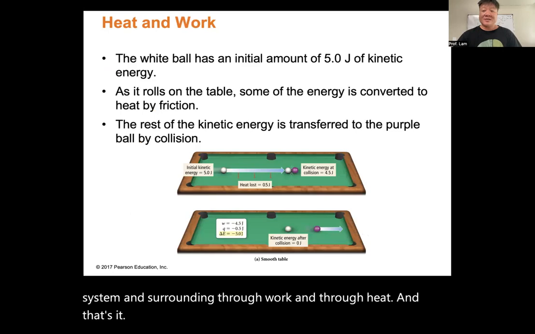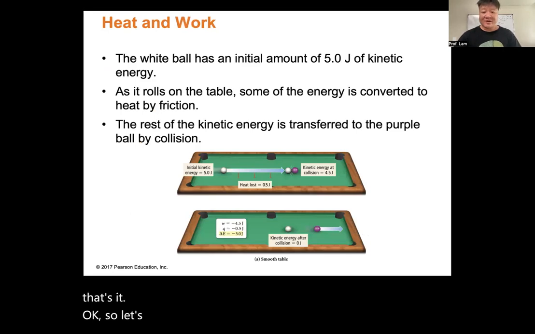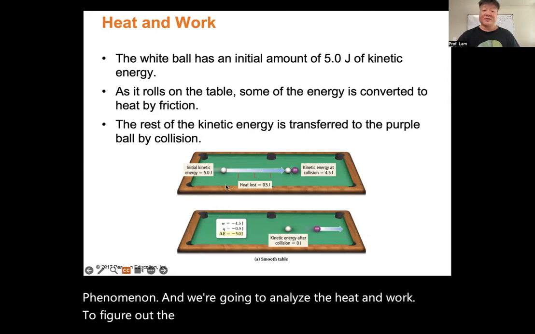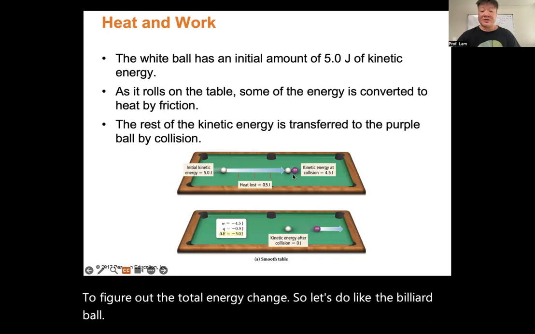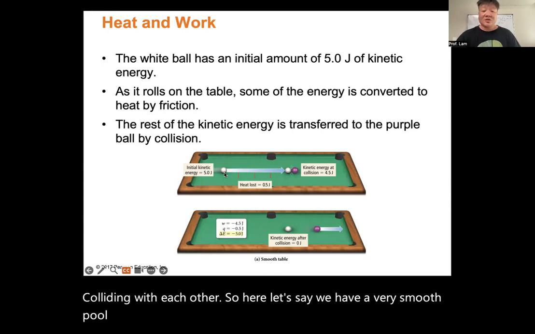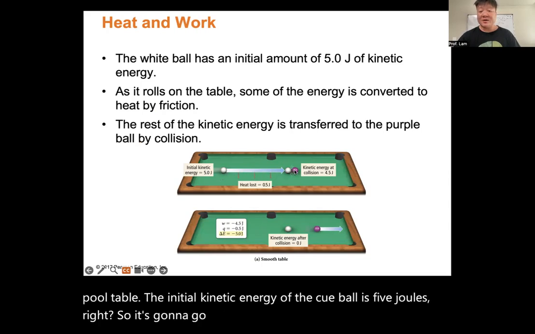Okay, so let's take a very simple phenomenon, and we're going to analyze the heat and work to figure out the total energy change. So let's do billiard balls colliding with each other. Here, let's say we have a very smooth pool table. The initial kinetic energy of the cue ball is 5 joules. So it's going to hit the purple ball.